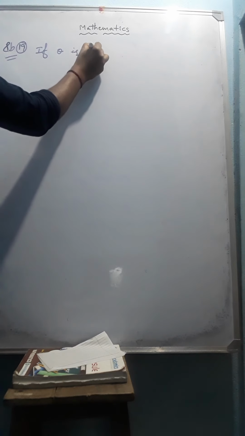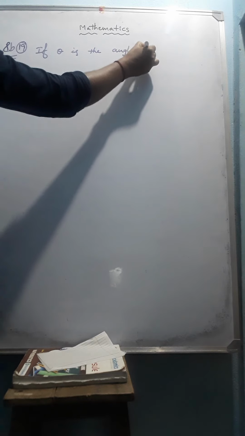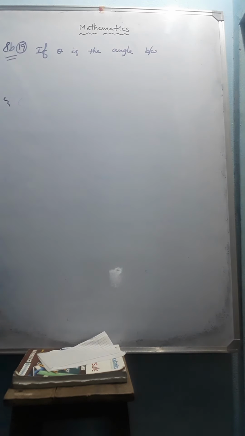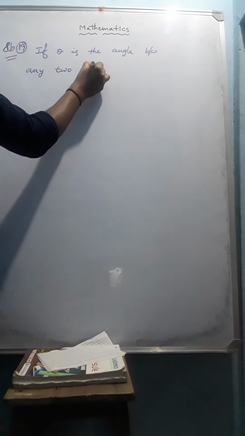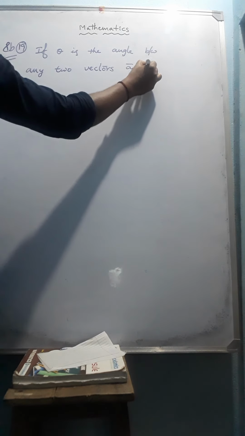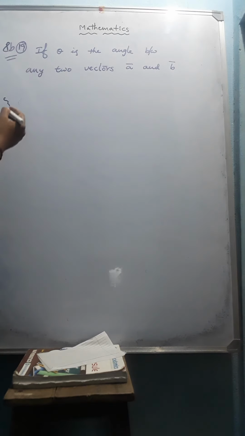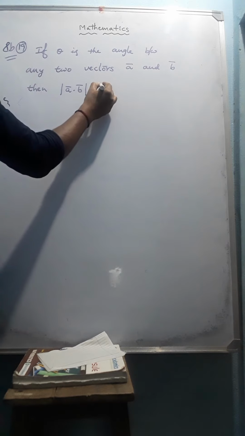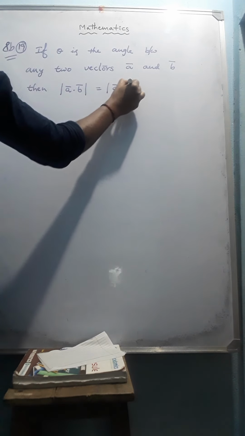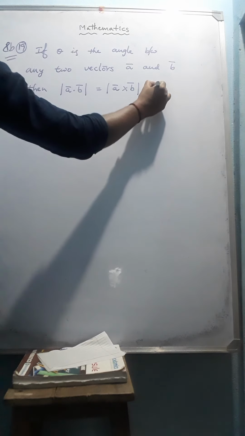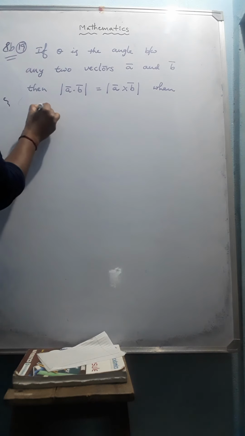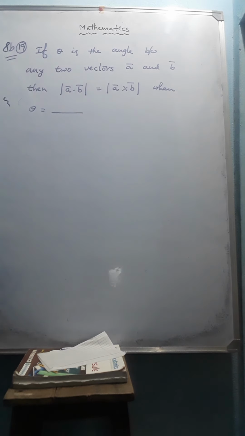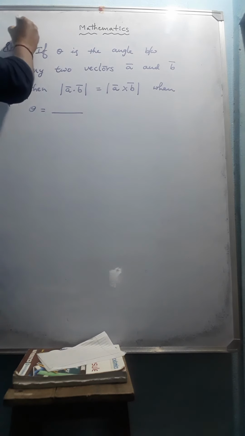If theta is the angle between any two vectors a and b, then modulus of a dot b is equal to modulus of a cross b when theta is equal to dash. Okay, this problem is important for CET.